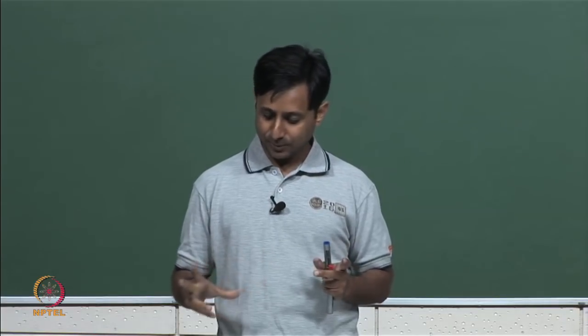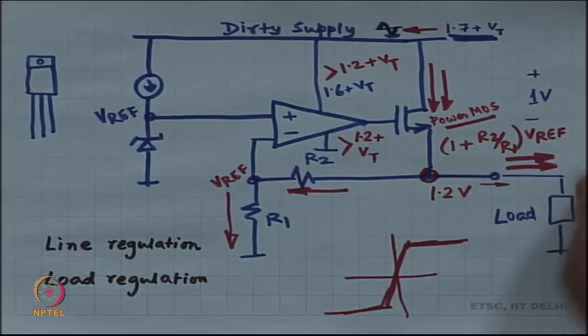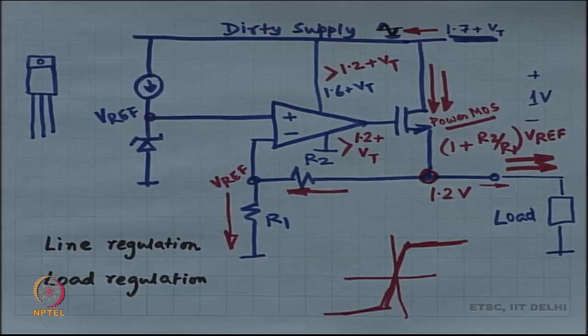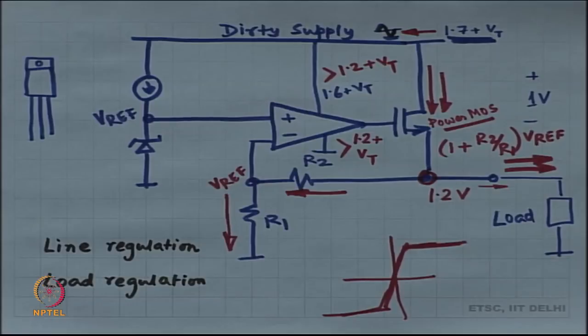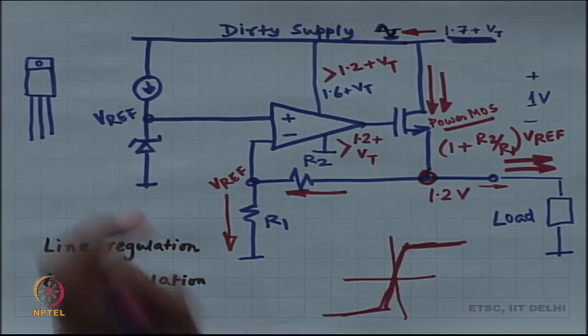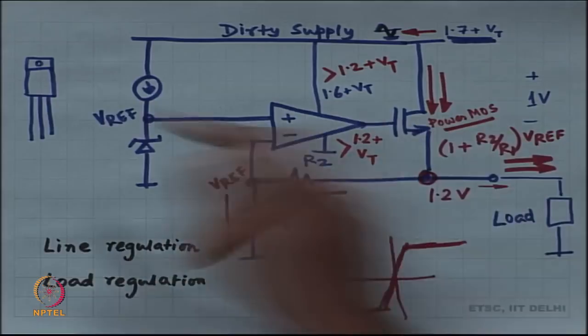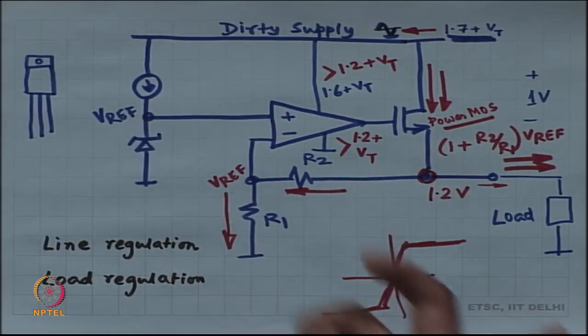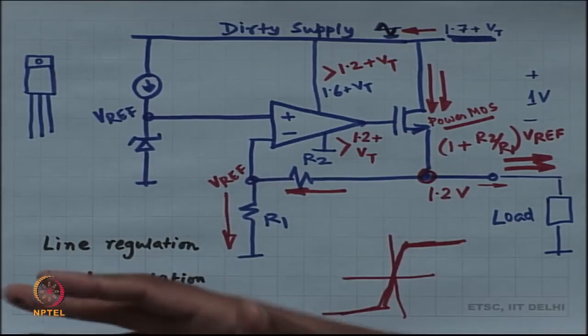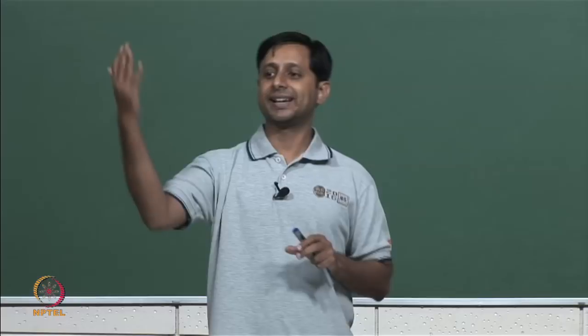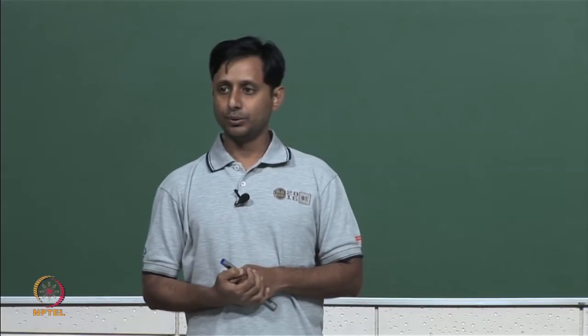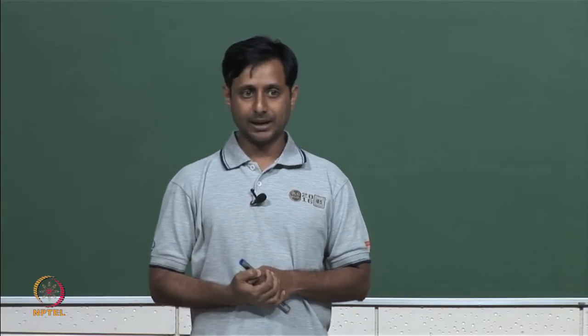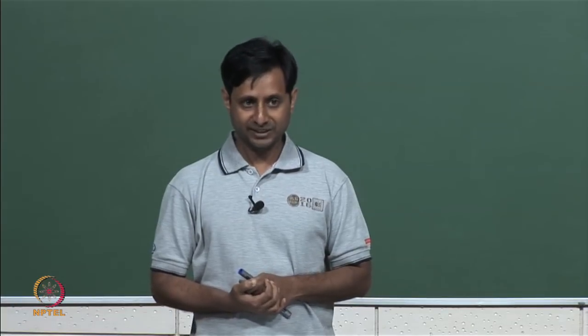So, our circuit has to be able to dissipate 1 volt times the maximum load current, if that is 50 milliamperes, 50 milliwatts, this MOSFET has to be able to dissipate that heat safely. So, that is why you need a heat sink. It is a big metallic flat plate behind the device, such that it can throw it out as heat uniformly and nicely without increasing the temperature of the device.